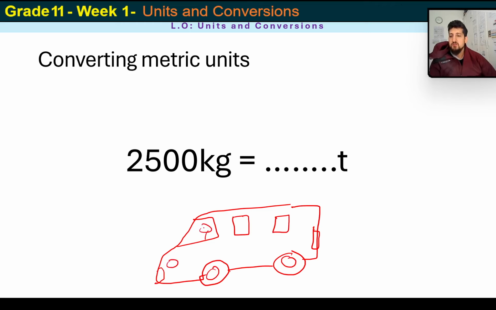And there's even a driver in there, and they are a happy driver. Normally, if you are driving, you will see that in the back of the van or the bus, it will say maximum load of 1 ton or 2 tons or whatever. 1 ton is equal to 1,000 kilograms. So 2,500 kilograms equals 2.5 tons.